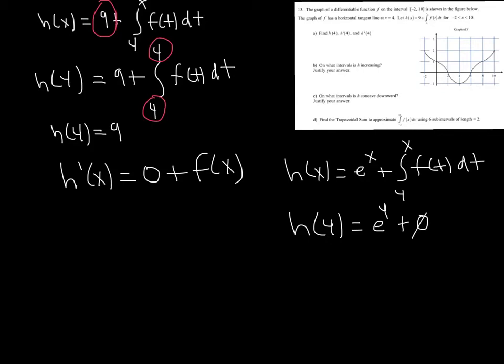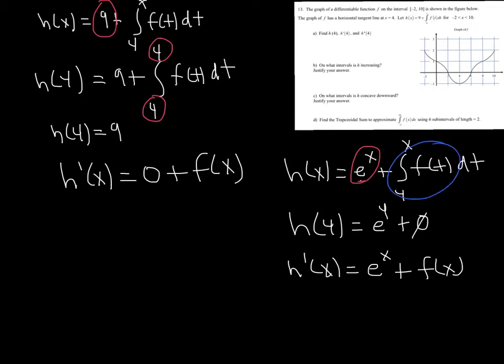All right, but if we said h prime of x, then notice that the e to the x is not a constant. That's not going to go away. So you would need to take the derivative of that, and that would end up being e to the x plus f of x, because the derivative of an integral from a constant to a variable is just that function with the x plugged in.